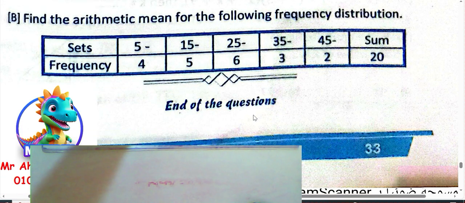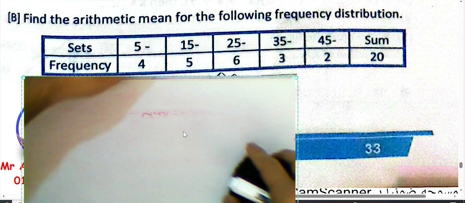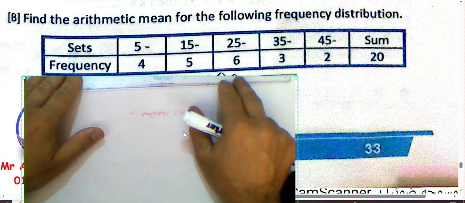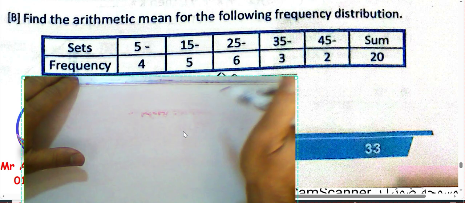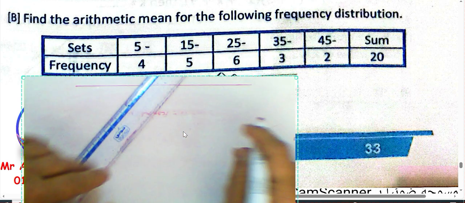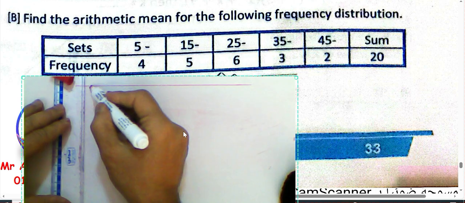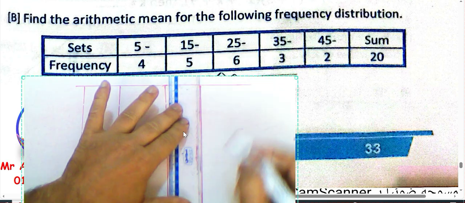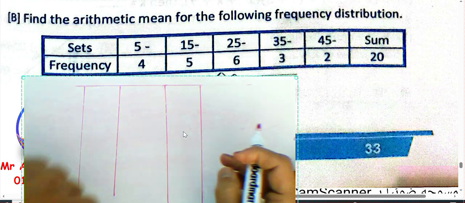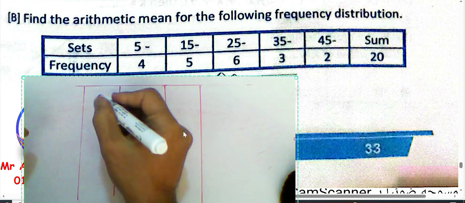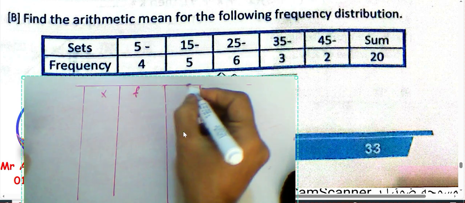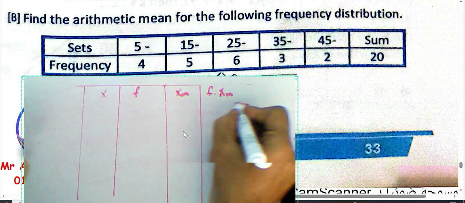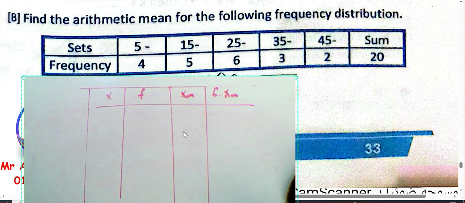You want to explain this example. You can draw the table and divide it into parts. And then write here first the sets X, and frequency, and center, and the product between frequency and center of the sets.